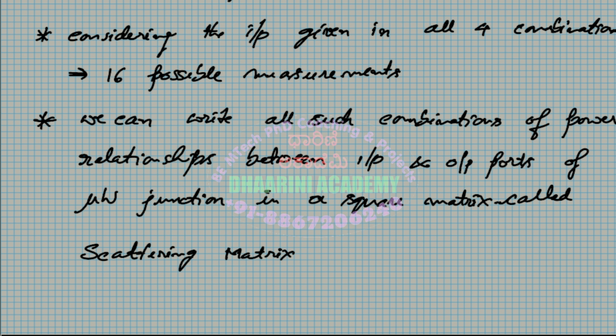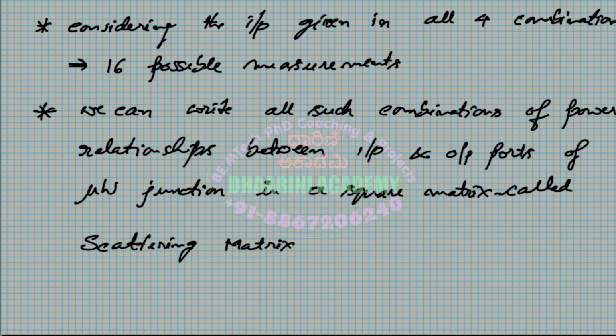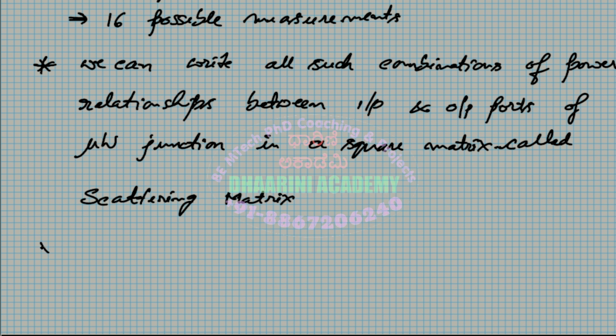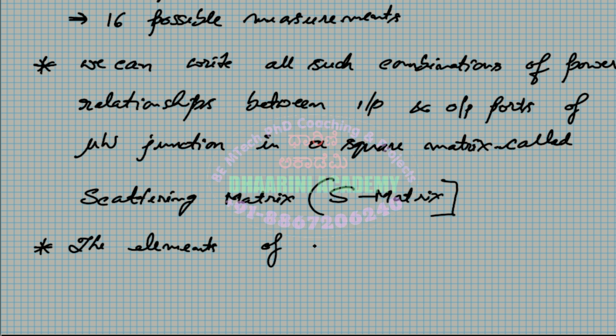So inside the matrix, we have the elements, and those elements are referred to as the scattering or S parameters, right? So I just write here, this is the S matrix. All right, the elements of an S matrix are going to be called the S parameters.